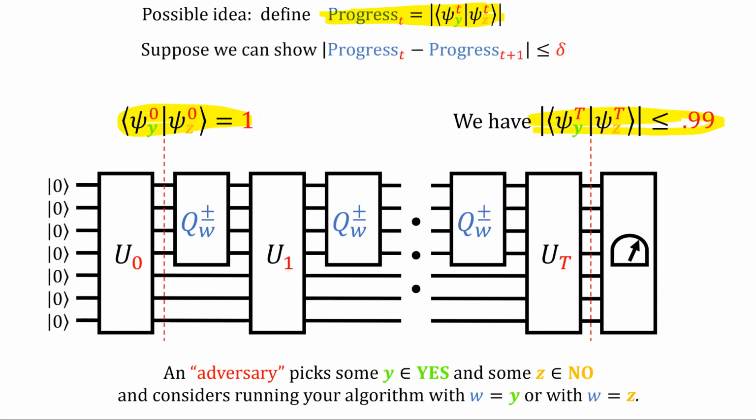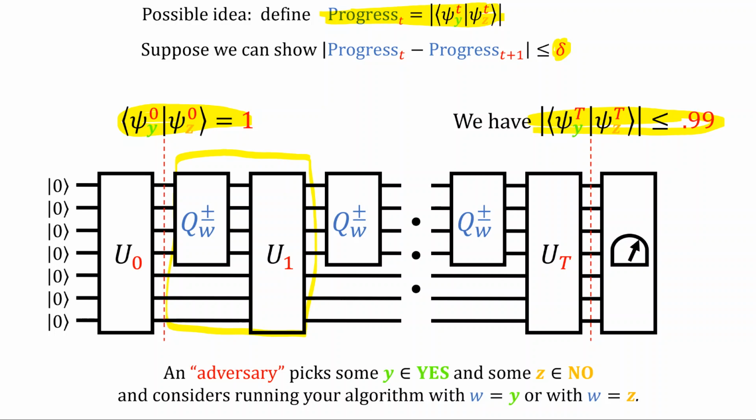And under this definition, let's suppose we manage to show that the progress cannot change too much in each step. A step is a query plus a unitary transformation. Let's say somehow we manage to show this progress can change by at most some delta on every step.